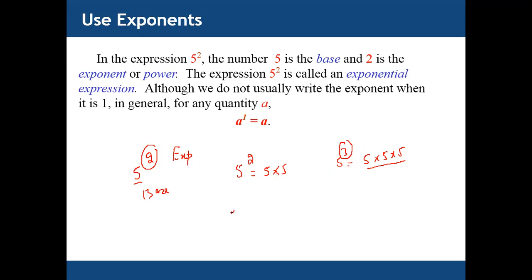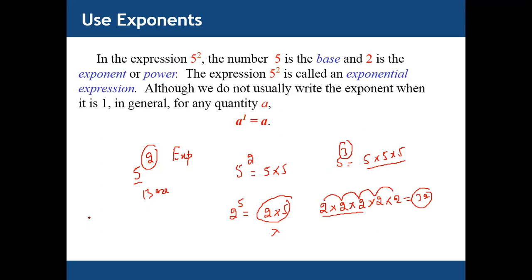If we have, for example, 2 power 5, this doesn't mean that 2 is multiplied with 5. No. This means that 2 is multiplied with 2, 5 times: 2 cross 2 cross 2 cross 2 cross 2. So 5 times. This is equal to 32: 2 times 2 is 4, 4 times 2 is 8, 8 times 2 is 16, 16 times 2 is 32.